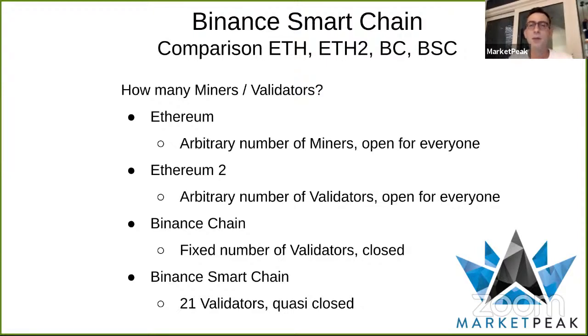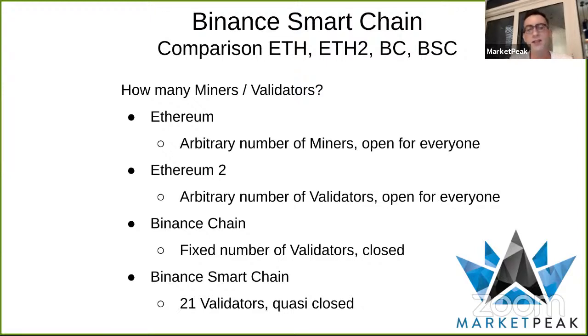On Binance Smart Chain, again, we have a fixed number of 21 validators. Unlike on the Binance chain, this number is part of the protocol. This means it's not likely to change in the future, as it would require a change in protocol, which doesn't seem very likely. And it's not quite, but a quasi-closed system.